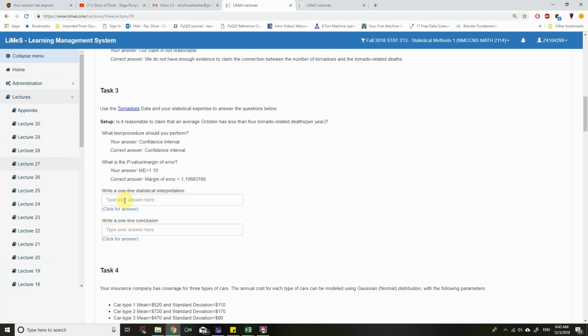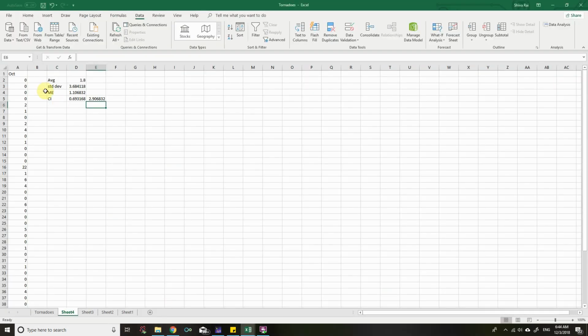One line statistical interpretation, less than the number 4. Okay, the confidence interval is less than 4 since the confidence interval goes from 0.69 up to 2.9, which is less than 4.